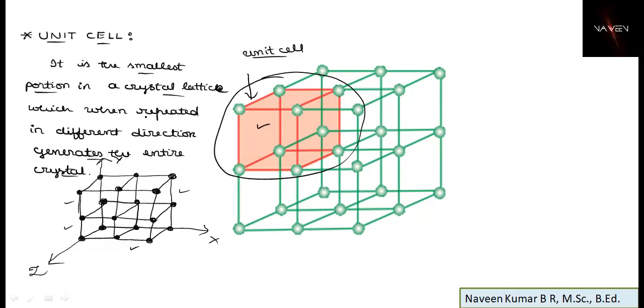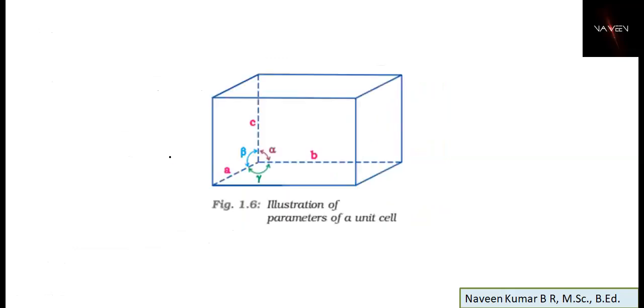Hope this is clear. A unit cell is the smallest portion of a crystal lattice or a space lattice, which when repeated in several directions or in different directions is going to generate the entire crystal. Now, if we take such a unit cell, we'll try to learn the simple characteristic features of the unit cell.